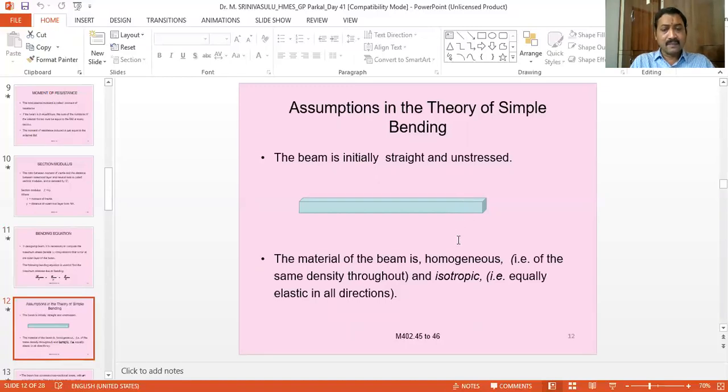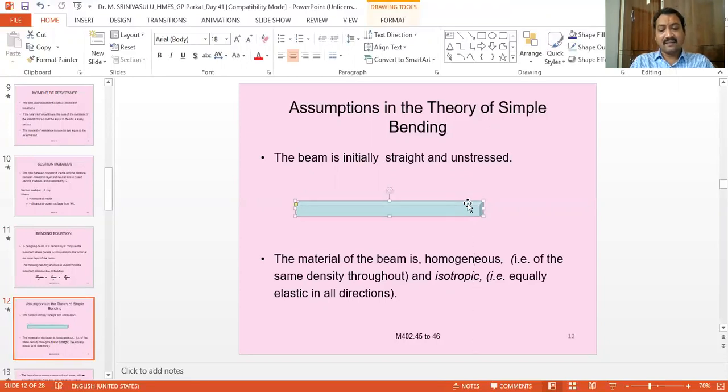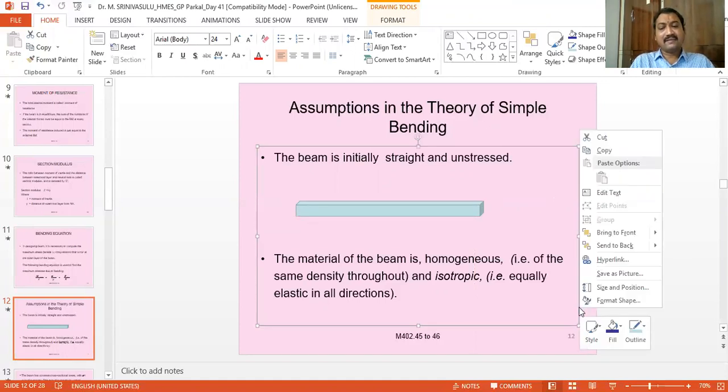The next one is that the material of the beam is homogeneous and isotropic. What is the meaning of homogeneous? If the material has the same density at all points, then it is called homogeneous. That means the density is uniform throughout the beam. Next, what is isotropic?